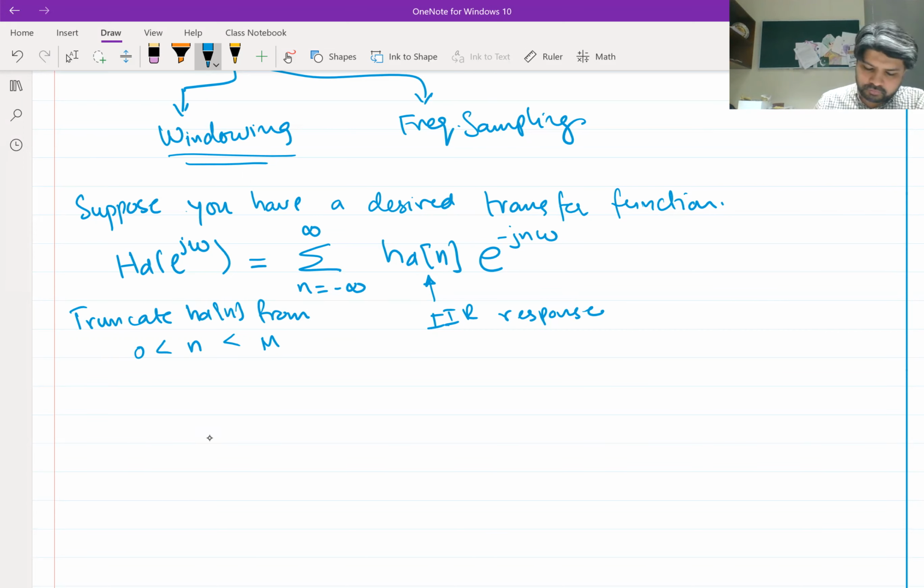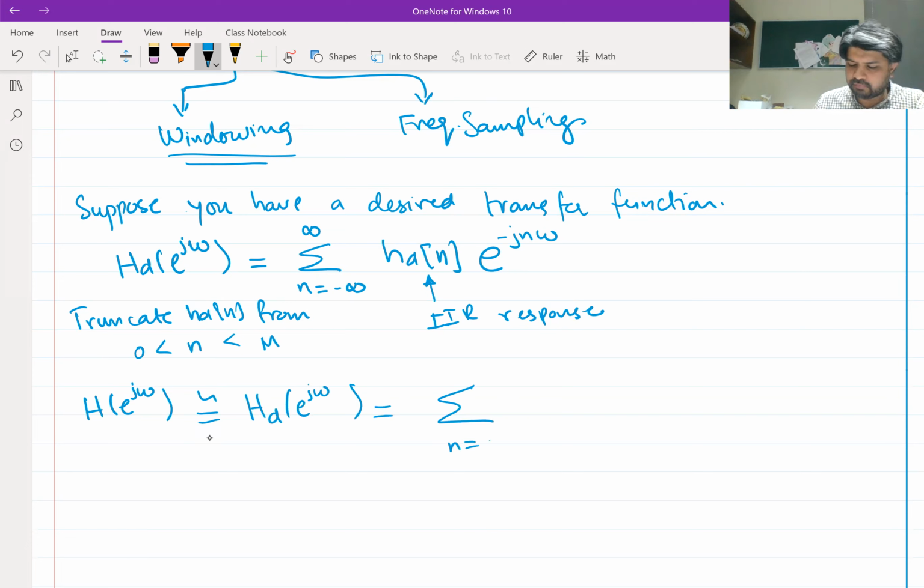You would say that H of e to the power j omega is approximately equal to Hd of e to the power j omega, which is given by summation n equals 0 to capital M hd of n e to the power minus j omega n. So as if you have multiplied your ideal hd of n with a window of size capital M.